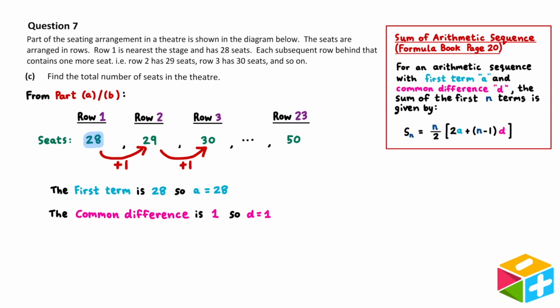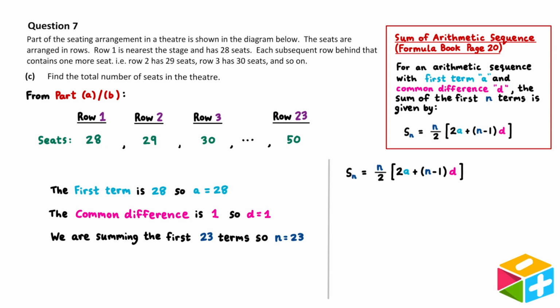Finally, n refers to the number of terms we want to add up. We want to add the values for the first 23 rows, so we have n equals 23. So let's take our formula and sub in these values of a, d, and n.